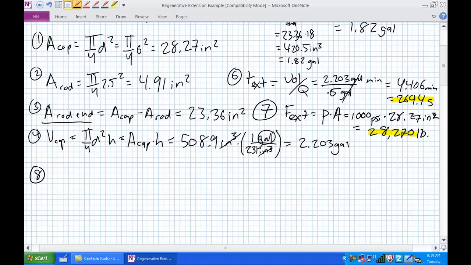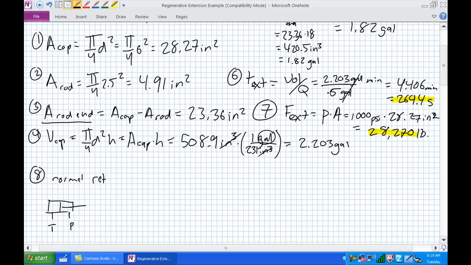So let's say we're still in normal mode. We want to go ahead and figure out the time it takes for normal retraction. Normal retraction. Again, what's happening here is, normal extension, we had P to T. Normal retraction, P to T this side.